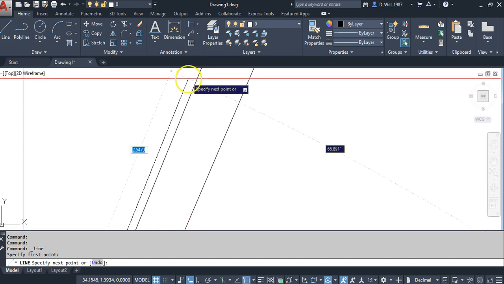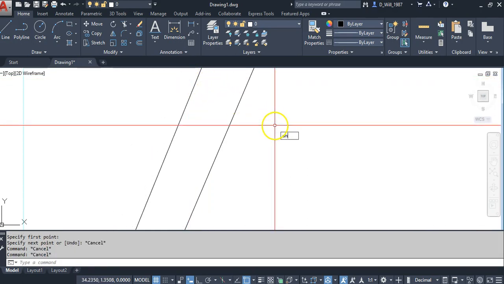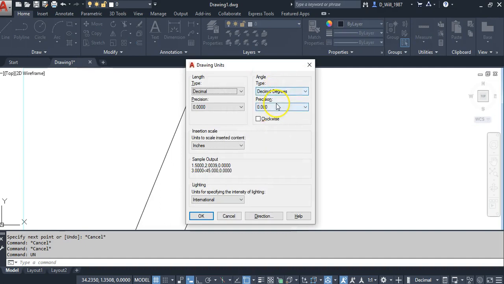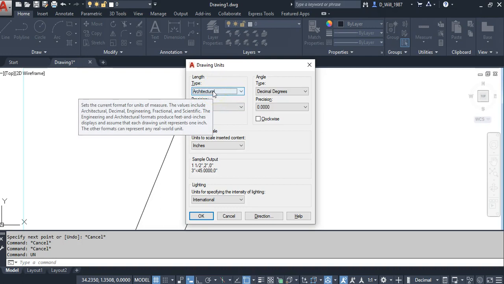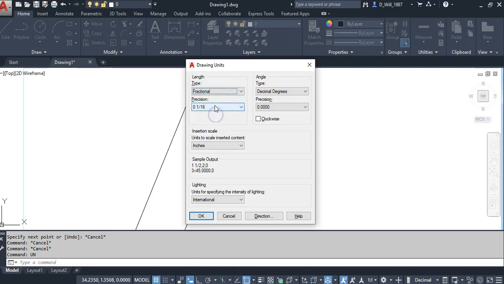So what I want you to see is that units are important, especially when you're expecting an answer from AutoCAD, and if it's not set to the right precision, you're going to get a wrong answer. Decimal units for length, architectural units for length, these are probably the two we're going to use most of the time in class, and there's nothing wrong with fractional if we're working on something that's using fractions and you want to get your feedback in fractions.